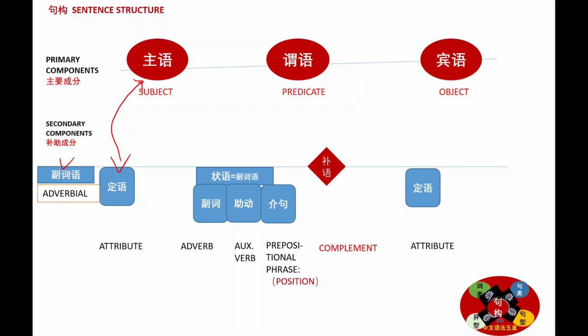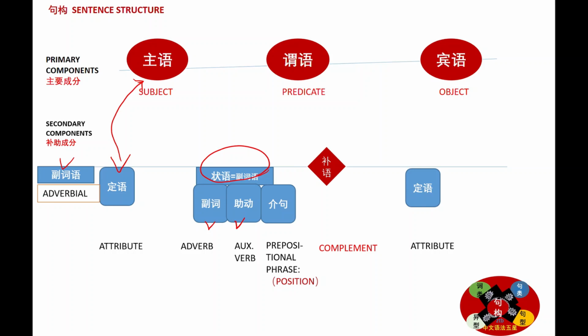Next, 状语, adverbial modifier, as the wording shows, describing the condition or situation. And the 状语 is composed of some other parts such as 副词, adverb, 助动词 or 能愿动词, auxiliary verb, modal verb.